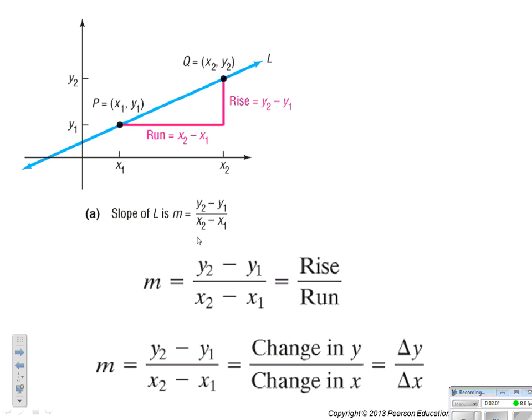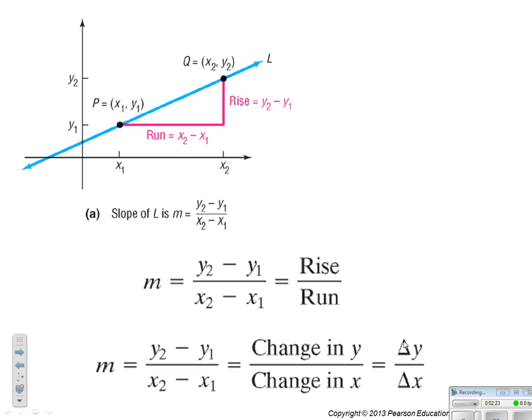One thing I want you guys to be wary of, and you'll see this more as you get on in your advanced math and your advanced science, is that anytime it's a change, it's this little triangle symbol called delta. So delta y over delta x means change in y over change in x.